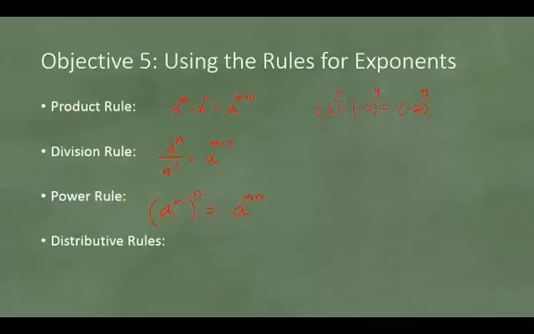The distributive rule says that it's a combination of the division and power rule. So if you have different bases, a divided by some other base b, and you're raising that fraction to a power n, the distributive rule says that it's the same thing as raising a to the n and raising b to the n.